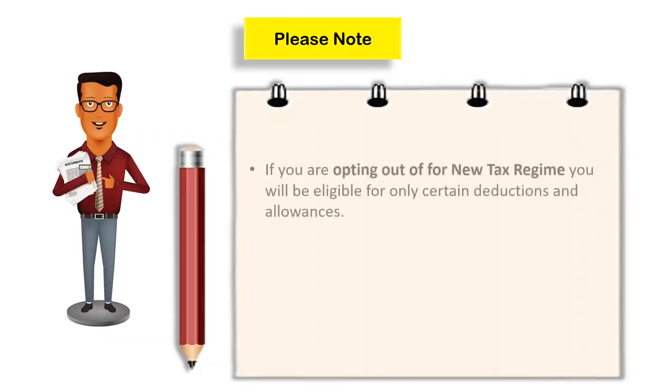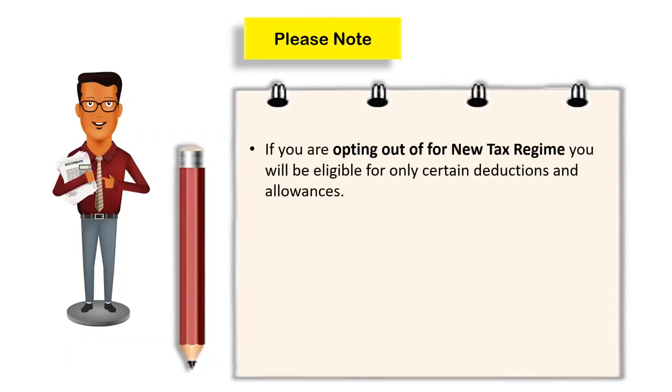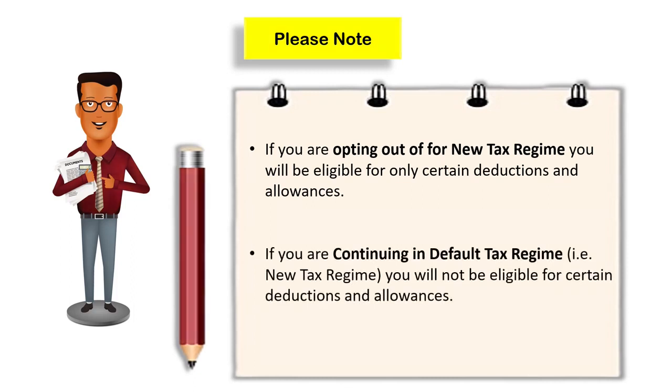Please note, if you're opting out of the new tax regime, you will be eligible for only certain deductions and allowances. If you're continuing in the default tax regime, that is a new tax regime, you will not be eligible for certain deductions and allowances. To know more, you may refer to our video on new tax regime versus old tax regime.